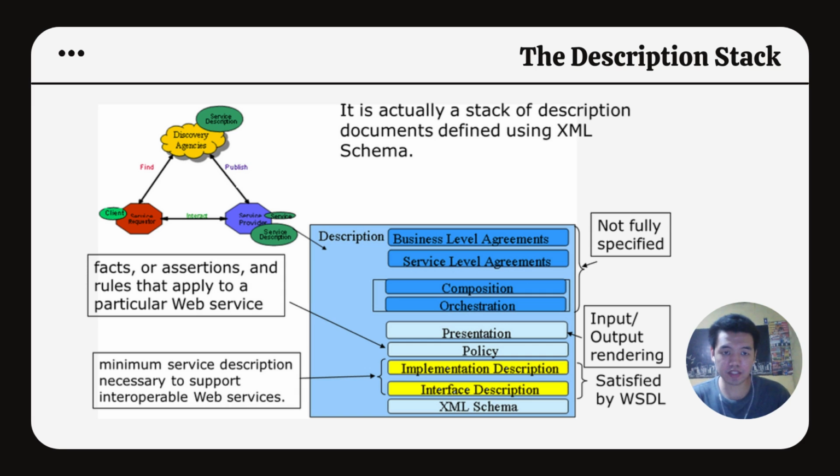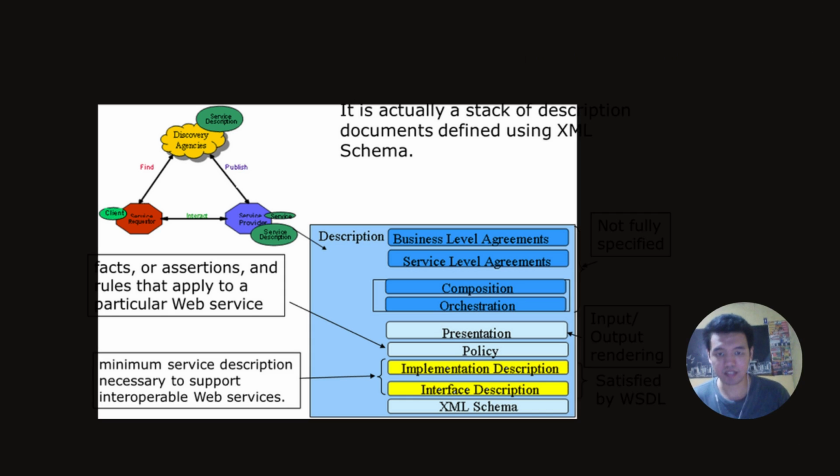Next, facts or assertion rules apply to a particular web service. That part will enter into a policy. The next one is the implementation description or interface description, the minimum service description necessary to support interoperable web services. And lastly, the XML schema. That's the proper description for a stack.